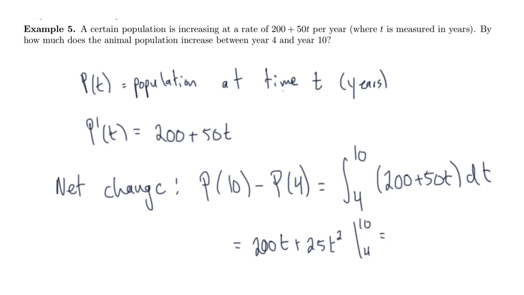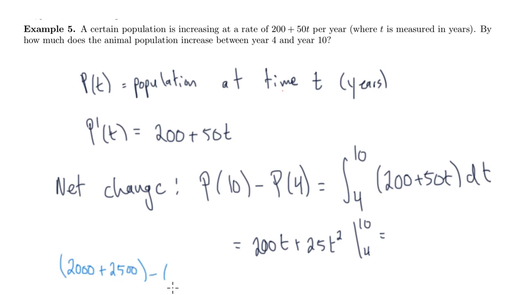Okay, so if we plug in 10, we'll get 2,000 plus 2,500. Okay, and what is that? Well, let's see. So 2,000 plus 2,500, that's plugging in 10.